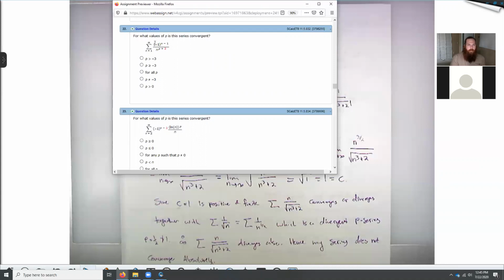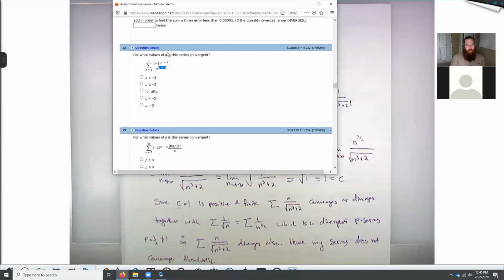What you'll discover is that an alternating p series, which is what this is, it alternates because of the negative 1 to the stuff. And calling it a p-series is a little bit disingenuous, but it's 1 over a power of n. It just happens to alternate. These will converge anytime the power down here is positive. That's what you're meant to discover here.